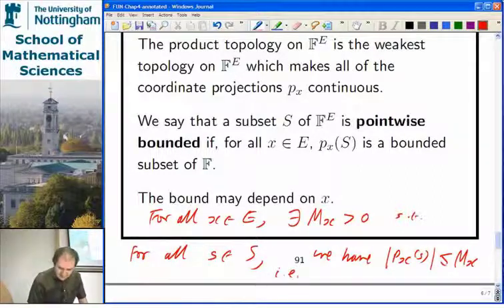Of course, s is a function, really, so you can say that modulus of s of x is smaller or equal to Mx. That's if I'm using little s. I could have used f. It would have been perfectly all right.